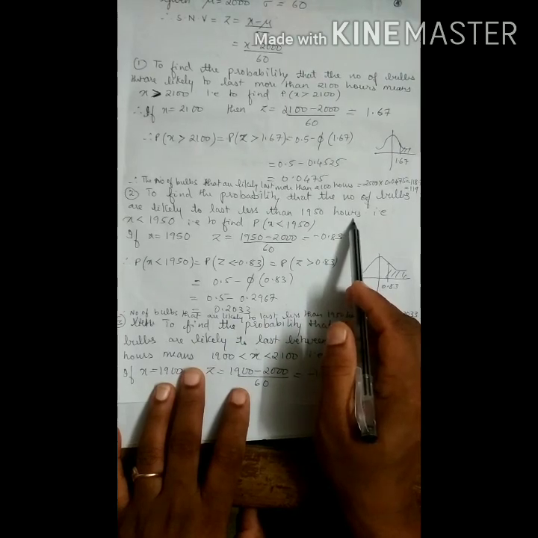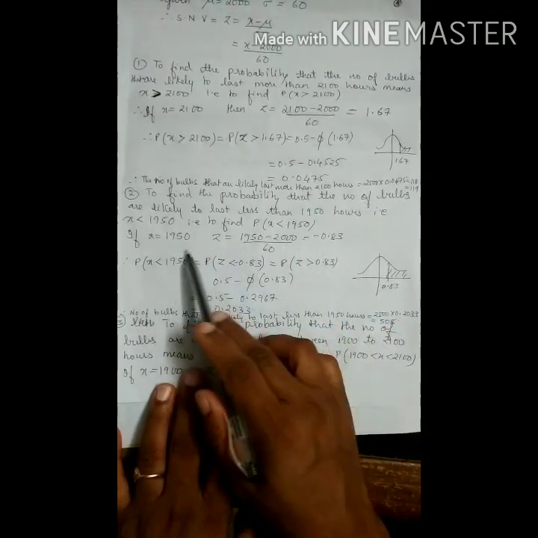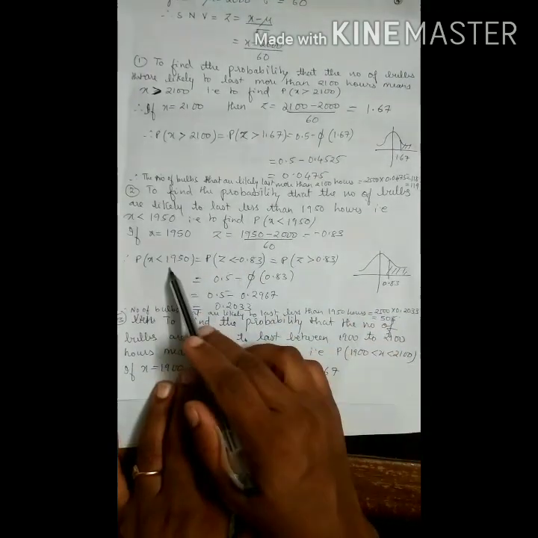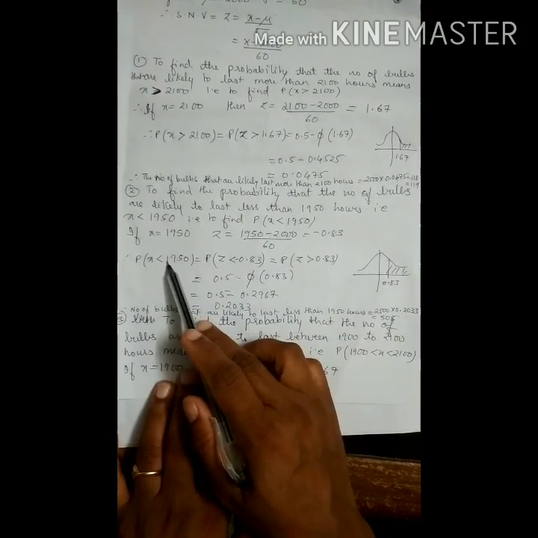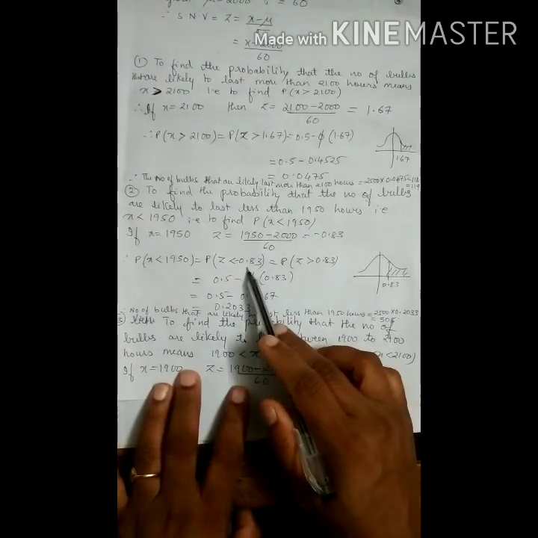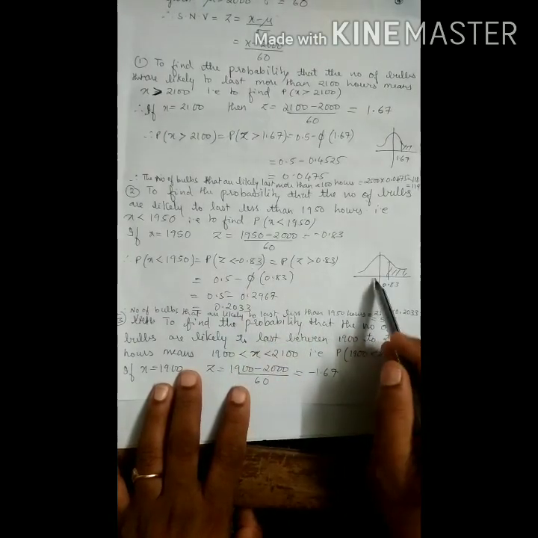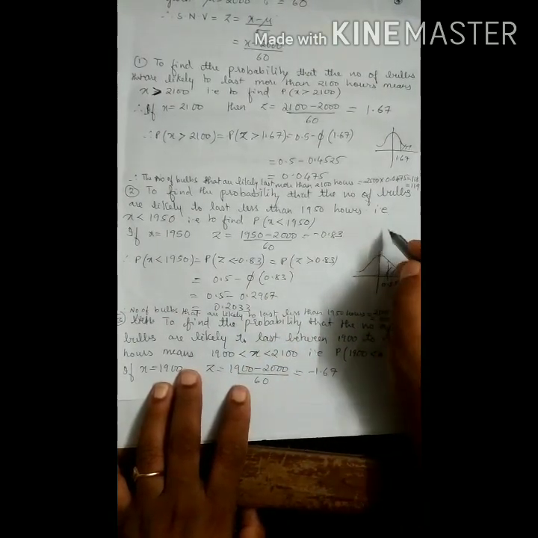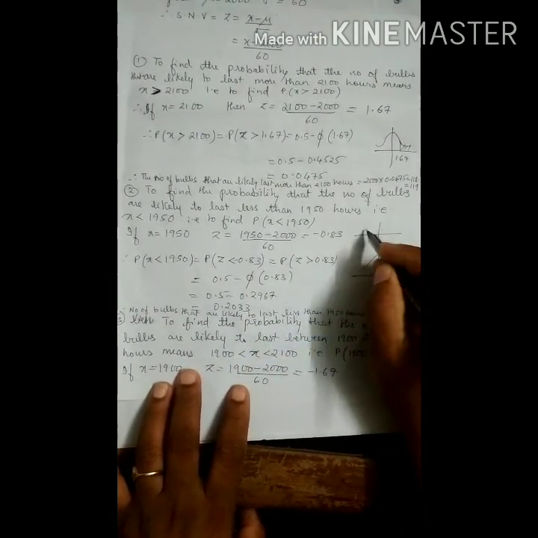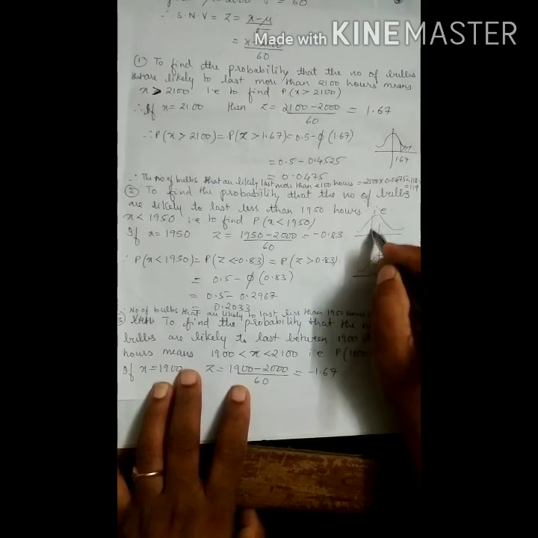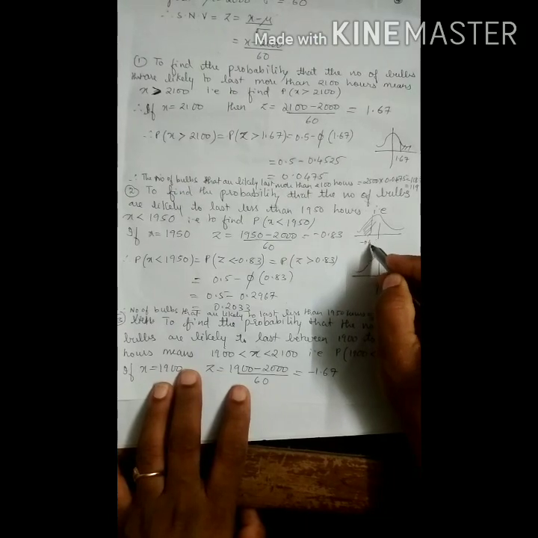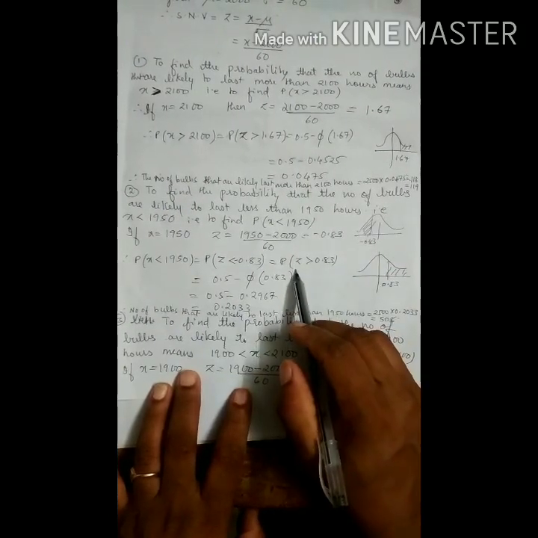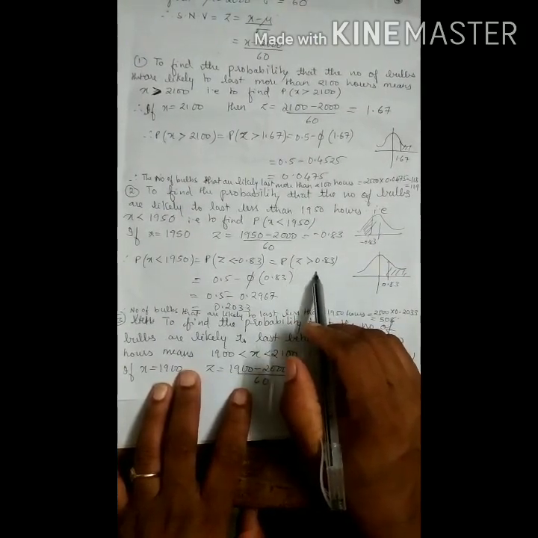Next, to find the probability that the bulbs are likely to last less than 1950 hours, again convert x in terms of z. Less than is what they are saying, so you write the less than notation. Less than minus 0.83 means the graph will be on this side, minus 0.83. If I have to calculate, it means z greater than 0.83.